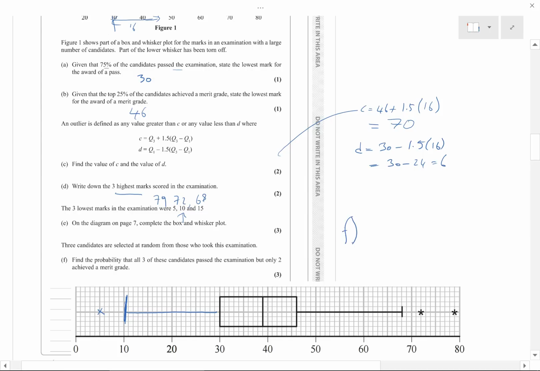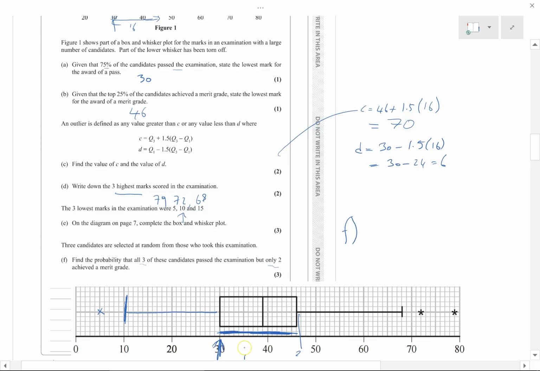We've got here, first of all, 3 of these candidates passed the exam, but only 2 achieved a merit. Only 2 achieved a merit mark. So that basically means that if they've passed and not achieved a merit mark, that's anywhere along there, because the pass mark is not 75%, but the pass mark is the lower quartile.